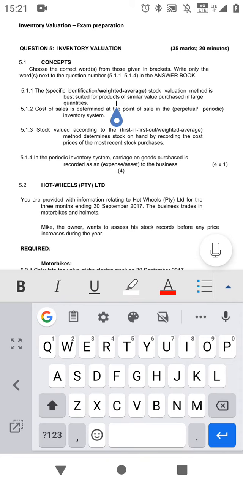5.1.2, the cost of sale is determined at the point of sale: perpetual, then we have periodic inventory system. So the cost of sales is determined at the point of sale. This is the perpetual inventory system. Why?